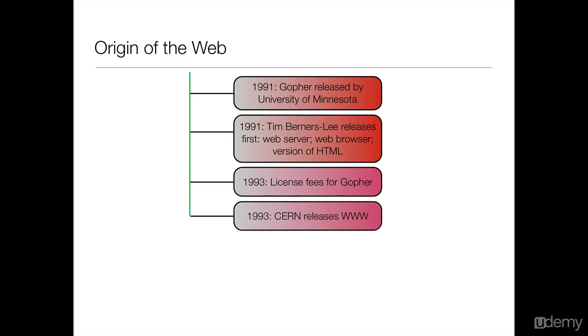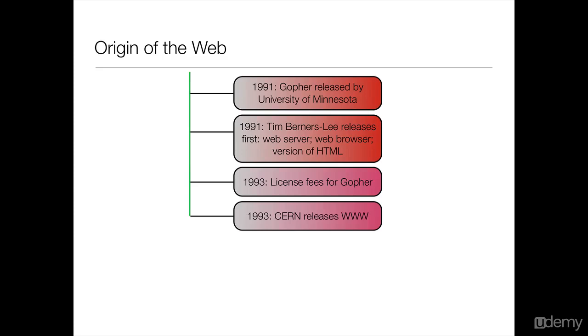Two things then happened. We had two possible ways forward, one with Gopher, one with the World Wide Web. More or less at the same time as the University of Minnesota introduced license fees or proposed license fees for Gopher, CERN released into the World Wide Web the tools that Tim Berners-Lee had provided.